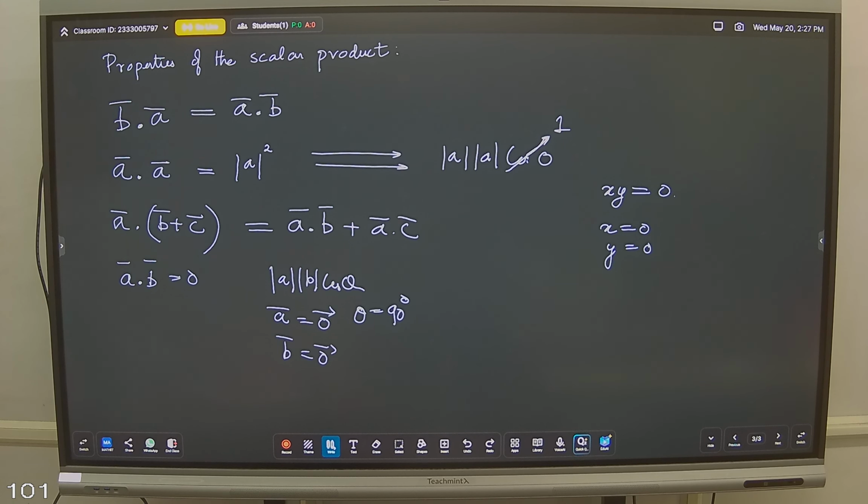The condition works the other way around as well. Right? If A vector is perpendicular to B vector, then A dot B will be equal to 0. And if A dot B equal to 0, then either mod A is 0 or mod B is 0 or cos theta is 0. Right? Theta is 90.